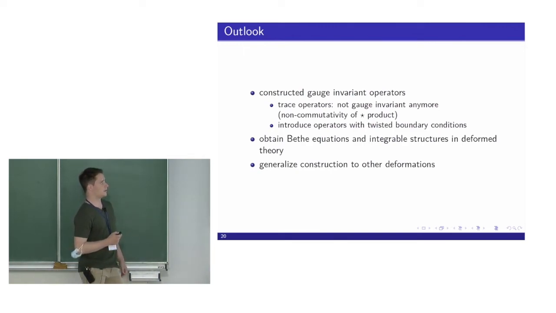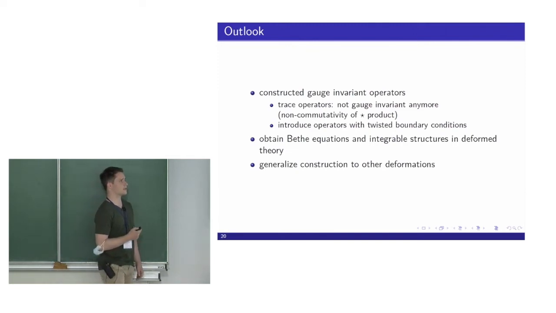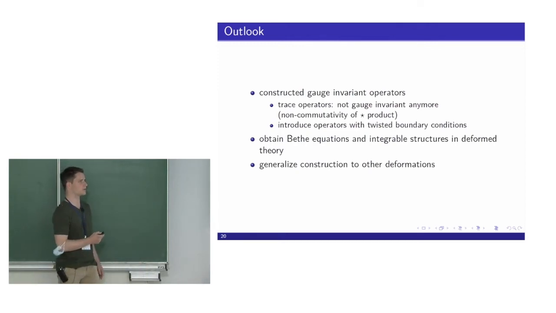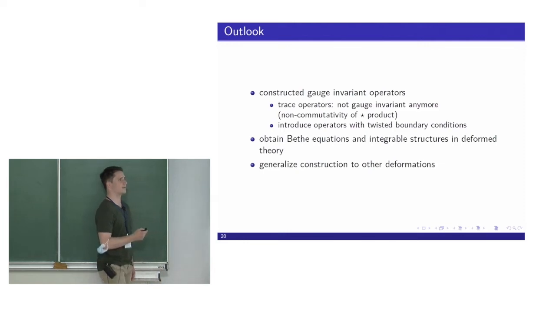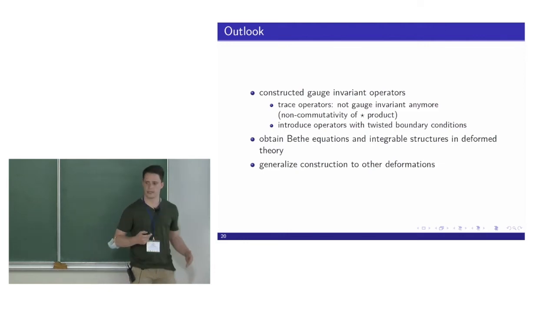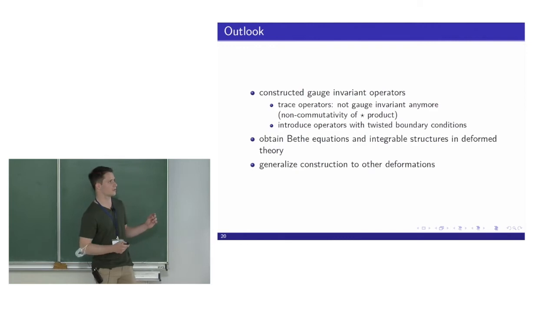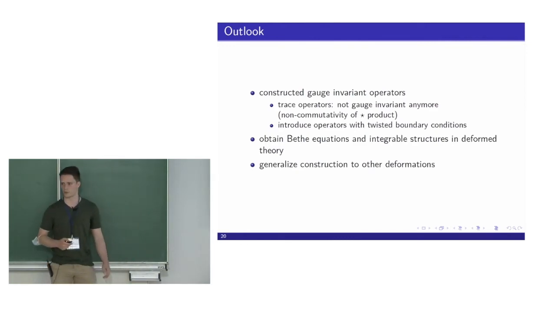So, therefore we need to construct gauge invariant operators also in our theory. This is something that maybe goes too far for this talk, but just to mention it, the problem with these gauge invariant operators is that the usual trace operators are not gauge invariant anymore. This is due to the non-commutativity of the star product.